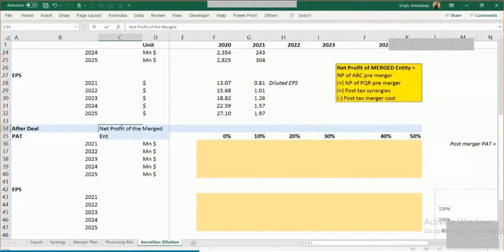This is also termed as pro forma net profit. Pro forma is a term that is typically used to indicate the situation after the merger is completed. Like today, the entities have not been merged, but I'm just doing an analysis. So the pro forma net profit is typically used to indicate the situation after the merger is completed, right? And that's exactly what we're trying to do.